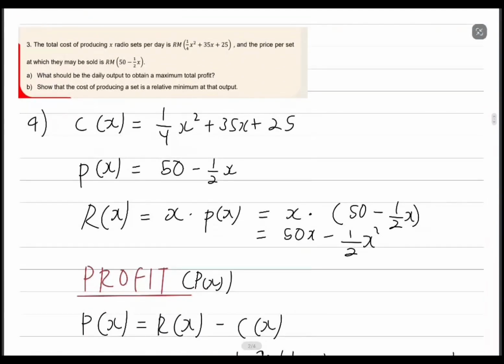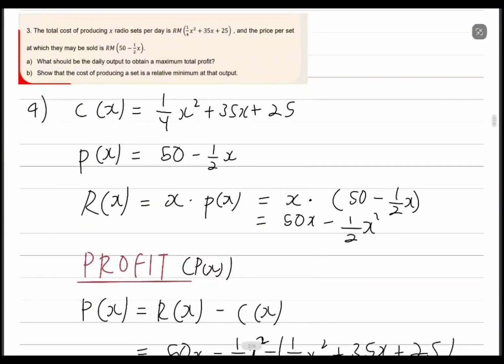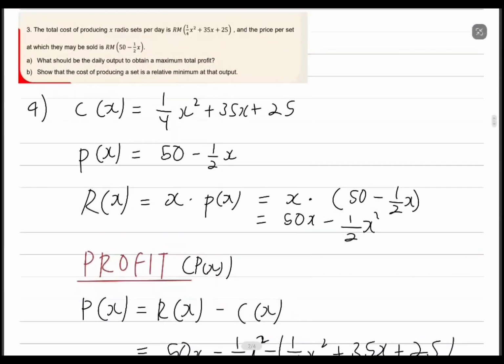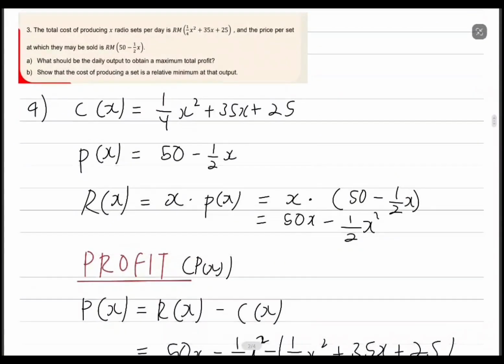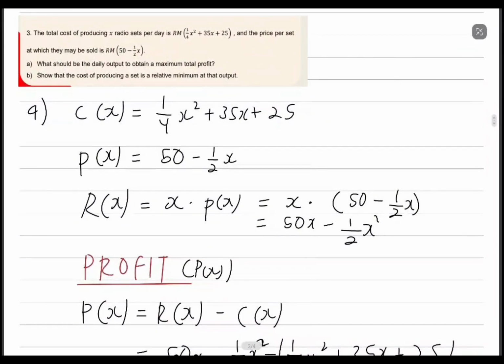So first of all, we conclude that C(x), which is the cost for the sets, is 1 over 4 x squared plus 35x plus 25. So that's why I wrote C(x). And then the P(x) is actually the price per set. So we conclude that P(x) is equal to 50 minus 1 over 2 x.